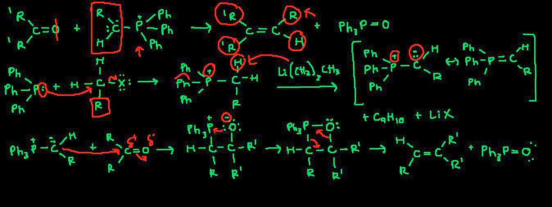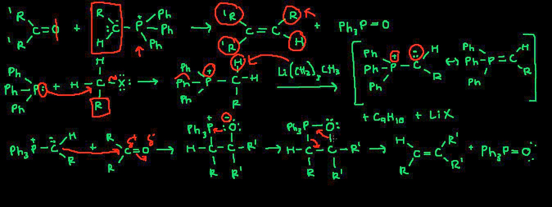These are going to be in close proximity with each other. So these electrons from the oxygen will be able to migrate over and form a new bond with the phosphorus, creating this square. Carbon bonded to oxygen, bonded to phosphorus, phosphorus bonded to carbon. The oxygen is a lot more electronegative than carbon.